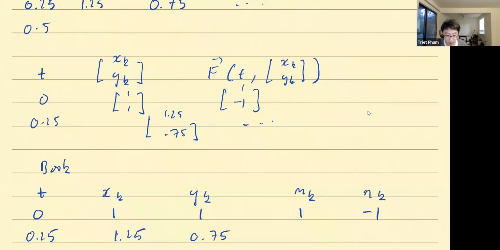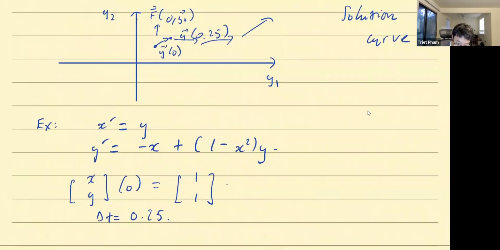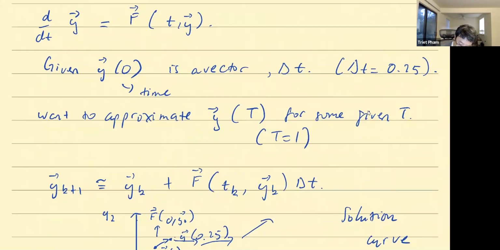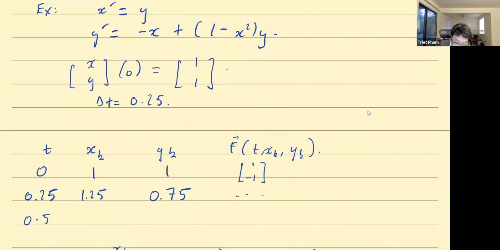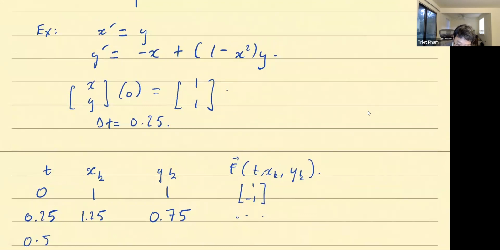Yeah, the solution, there you go. Notice I wrote this: to approximate vector y at t. Of course, someone can be tricky and say, you know what, I want to approximate in this equation, let's say, x of 1.